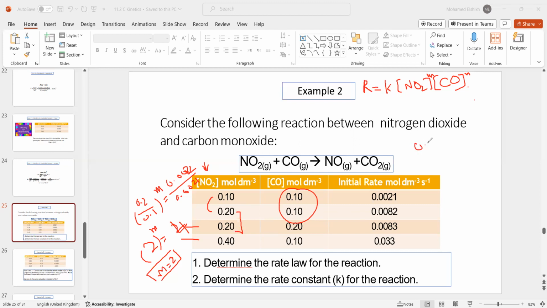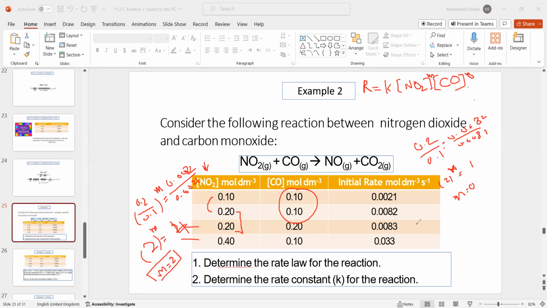Here we have 0.2 divided by 0.1 equals 0.0082 over almost the same number. So we have 2 raised to the power x, which we'll call n, equals 1. In order for that to hold, n must equal 0.